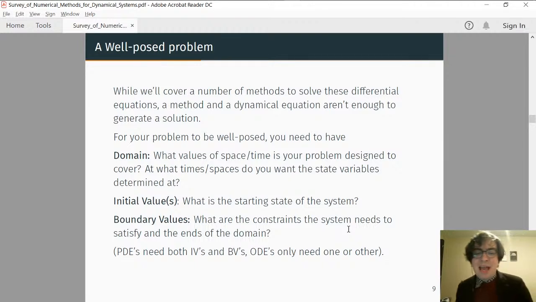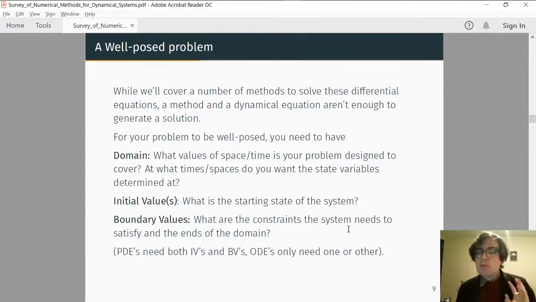And then finally, you need to ask, well, what happens when the domain ends? What happens at the end of my domain? What happens at the points that are outside, at the interface between the points I don't care about and the points I do? Because those can affect your system. How am I going to treat those boundaries is what we call boundary conditions. All right?